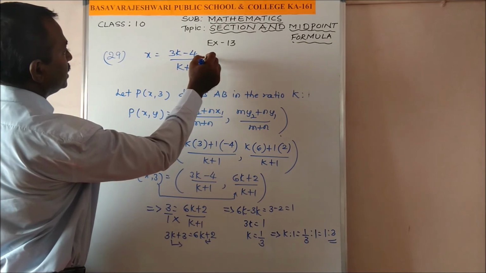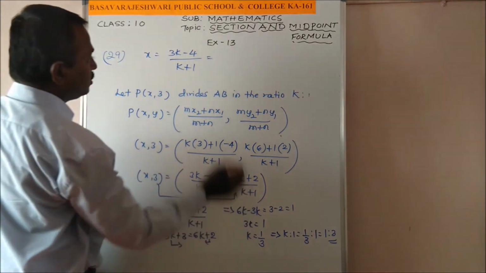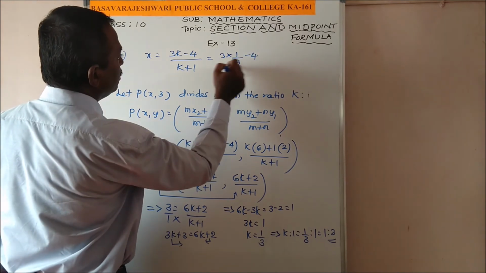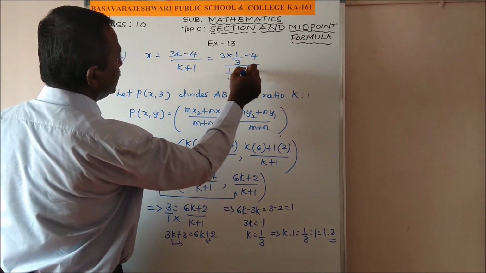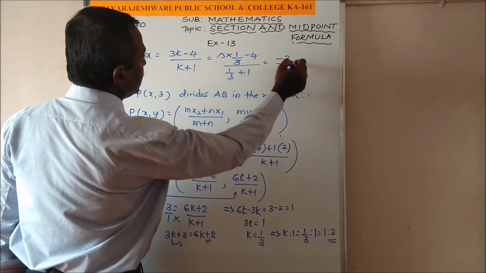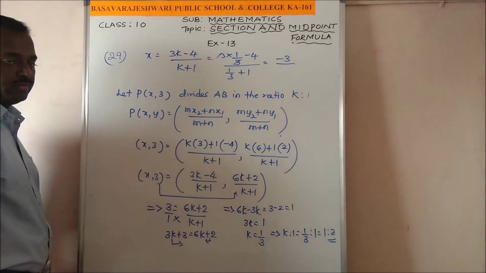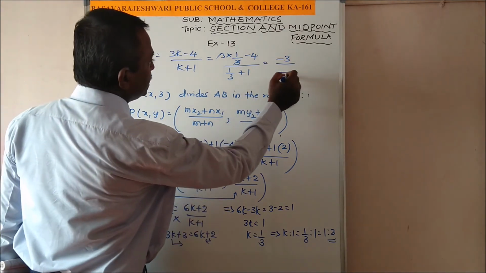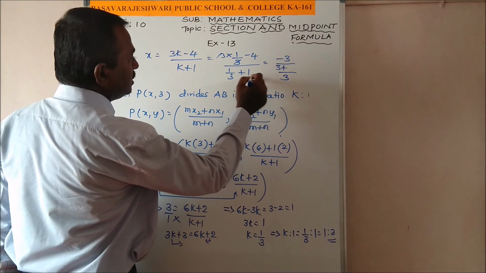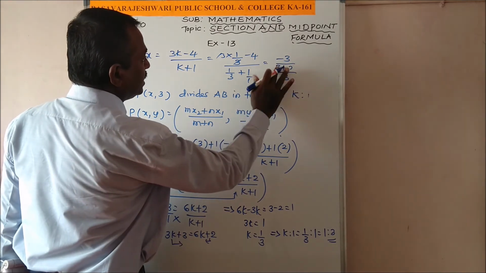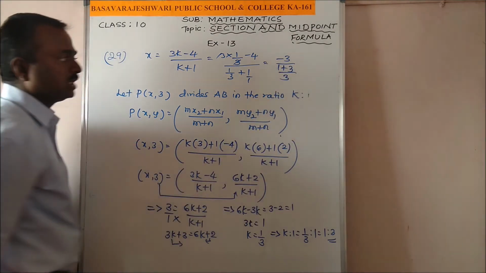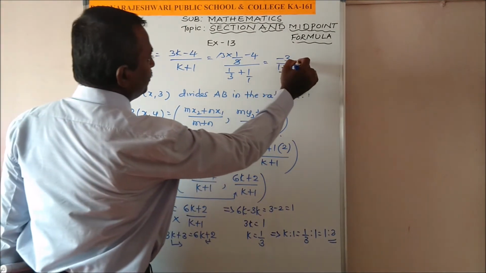That is equal to, k means how much? 1 by 3. (3 into 1 by 3 minus 4) by (1 by 3 plus 1). Numerator: 1 minus 4 is minus 3. Correct? So what is the LCM here? 3. 1 remains in the numerator, 3 remains here, 1 plus 3 is 4.